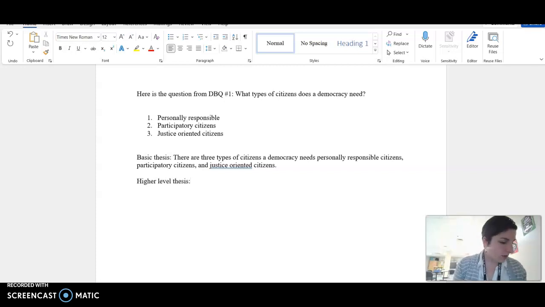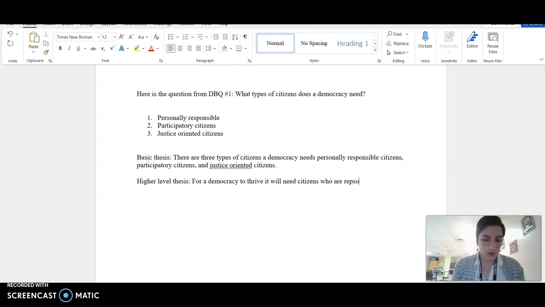Okay, the higher level thesis is: for a democracy to thrive, because that's really what it talks about, is needing these 3 types of citizens for a democracy to do well, it will need citizens who are responsible. See, I told you I'm going to spell this wrong every time. Responsible for their actions, because that's what personally responsible means. They're responsible for themselves and their own actions.